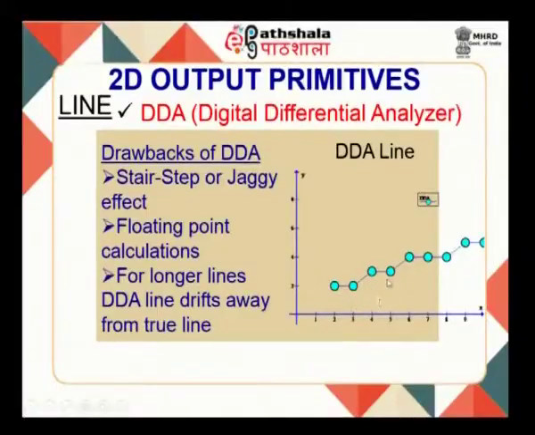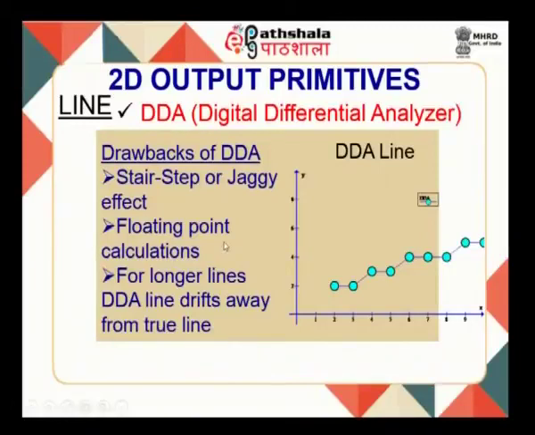So, this kind of points that we get because of the DDA procedure, because of rounding off, is called a stair step or jaggy effect, which is not appealing for a typical line. So, that is one drawback.